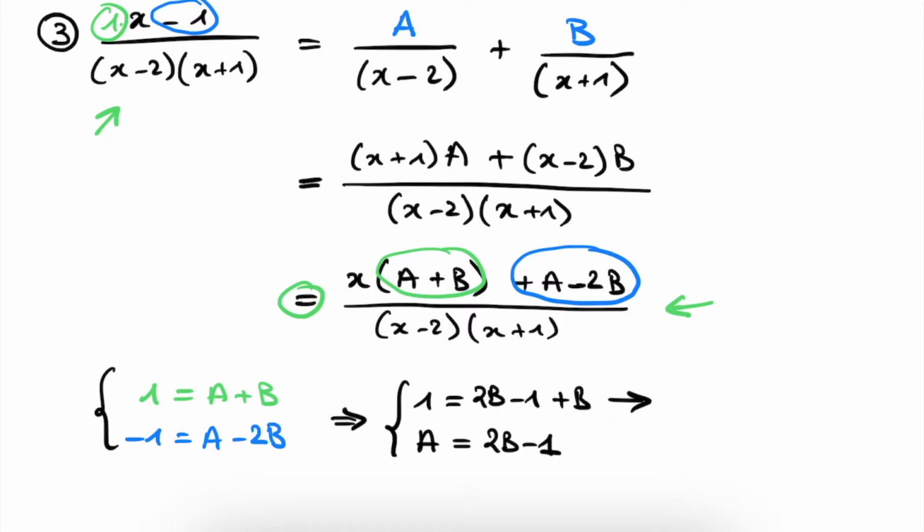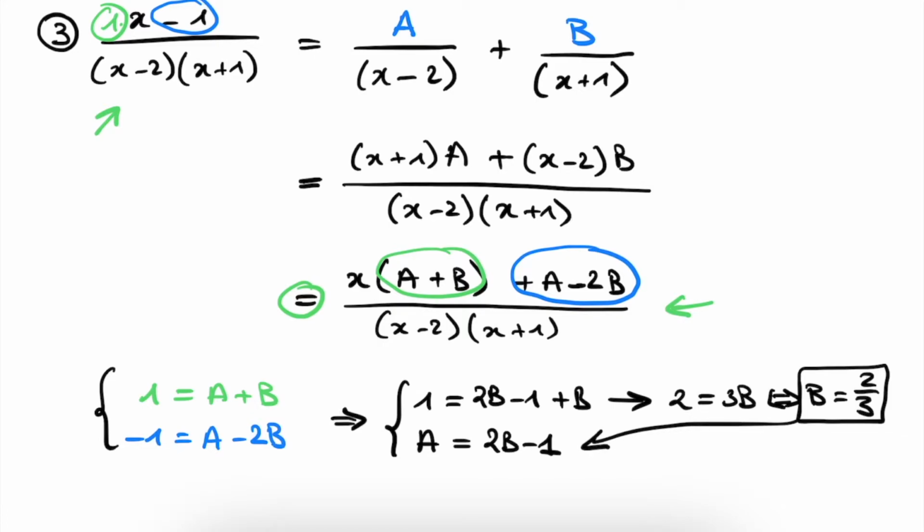And from this equation, we directly see that 2 is equal to 3 times b, or b is equal to 2/3. And we already have our first result here. Now if we fill this b into our second equation here, we get that a is equal to 2 times 2/3 minus 1, which gives that a is equal to 1/3.